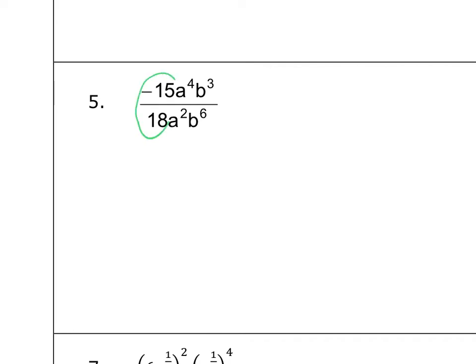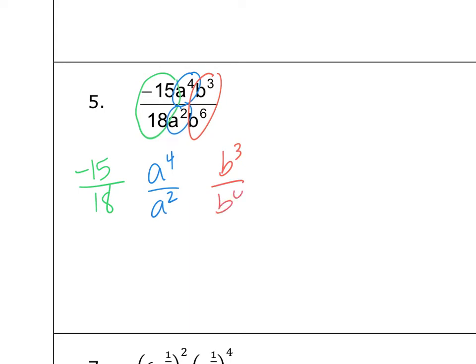Problem 5, I'm going to put my numbers in one piece. -15 divided by 18. My A's, I have a to the 4 over a squared. And B's, I have B3 over B6. My number, I'm going to put into the calculator exactly like I see it. Negative 15 over 18, which gives me negative 5/6. For my a's, I'm going to subtract because they're being divided.